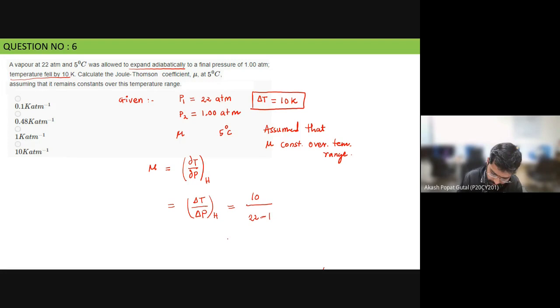So mu is nothing but 10 by 21, which is 0.476, and can be written as 0.48 Kelvin per atm. What is the answer? The answer will be B.